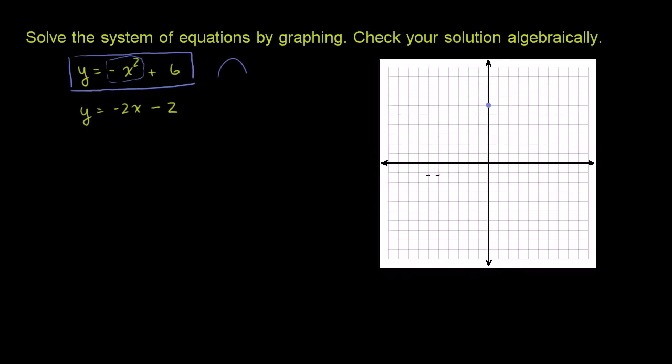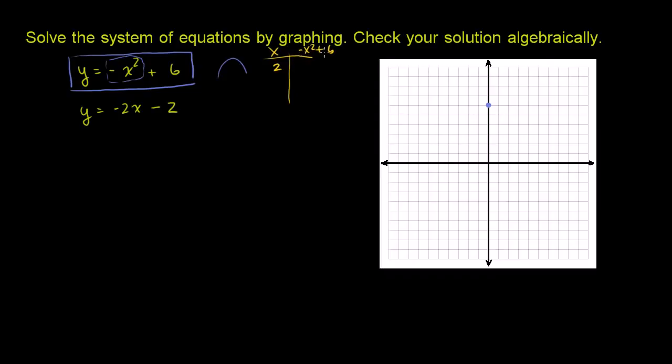And then if we want, we can graph a couple of other points just to see what happens. Let me just draw a little table here. So when x is equal to 2, what is y? Negative x squared plus 6. You have 2 squared, which is 4, but you have negative 2 squared.